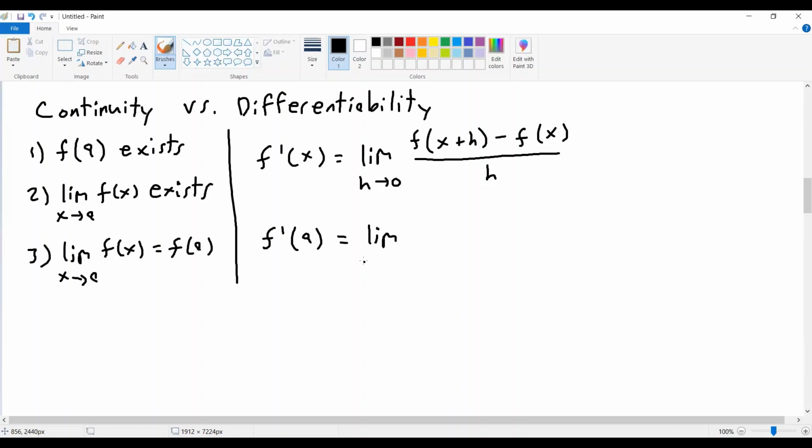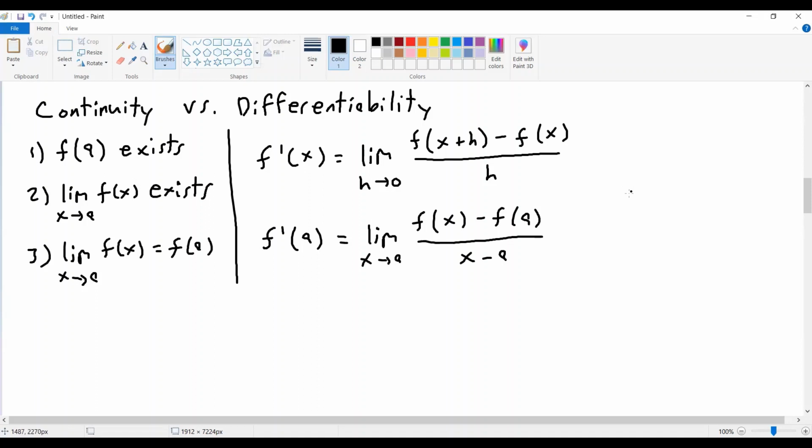I take the limit as x approaches my point a of, aside from all the other jargon, just the slope of a line. We have f of x minus f of a over x minus a.